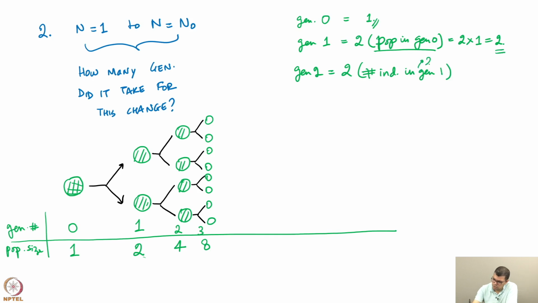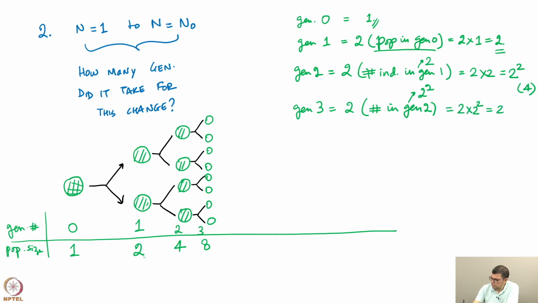So, we get 2 into 2, which is 2 square or 4. Similarly, at generation 3, the number of individuals will be 2 into the number of individuals in generation 2. This number was 4, or let us say 2 to the power 2. So, 2 into 2 to the power 2 is 2 to the power 3, or simply 8.